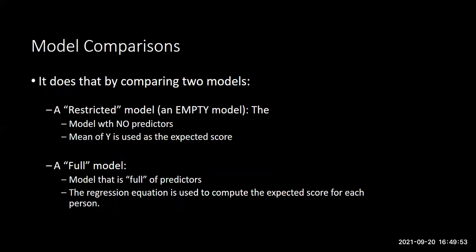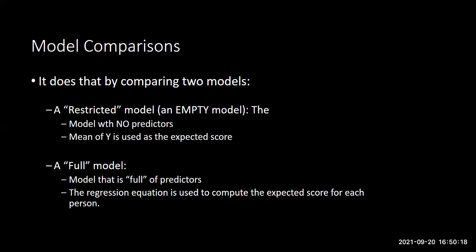So it tells whether a model is predicting well by comparing two models. That's what these types of models do. You have a restricted model, which is also called an empty model. Think of restricted as like there's a bouncer at the door saying you can't come in, no predictors allowed. It's restricted access.